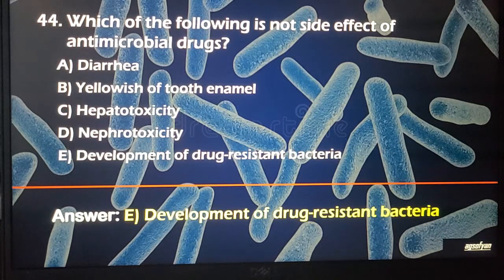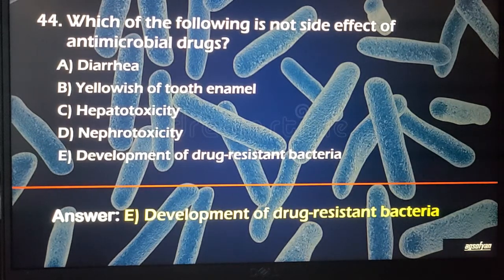So remember when we talk about the side effects, the side effect is happening to the user, like us human. When we take the antibiotic, for example, there are some side effects like maybe diarrhea, yellowish of tooth enamel, if we use the tetracycline for a long time. Hepatotoxicity, so the drugs may be toxic to our liver.